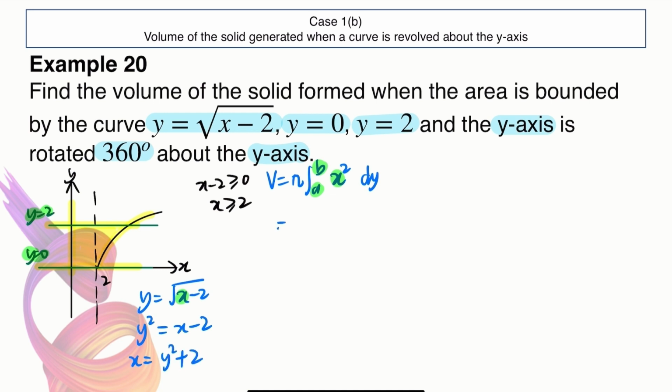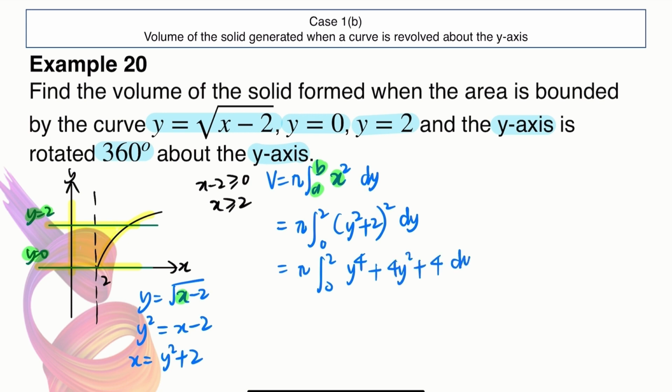Now we are going to substitute the information that we already have. So a is 0, b is 2, and our x is y squared plus 2. Don't forget the squared. Now we are going to expand. We will get y to the power 4 plus 4y squared plus 4 dy. Now we can integrate them.